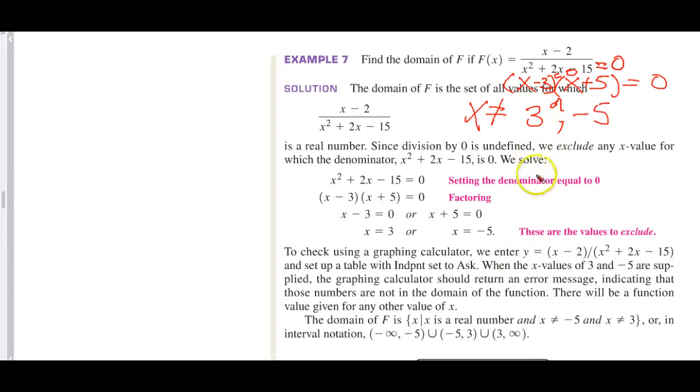Now, how do we write this in interval notation? Well, another thing we might do too is graph it. So it's going to be all real numbers, but it can't be a negative 5, and it can't be a 3.